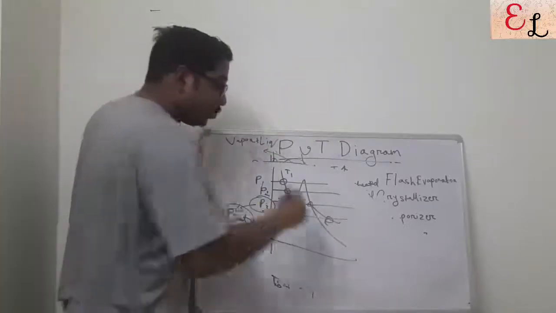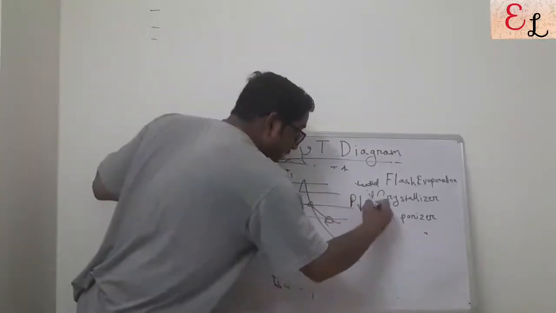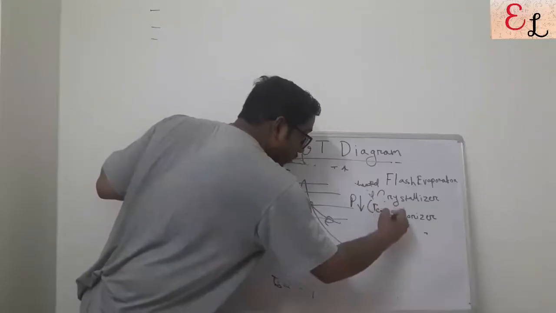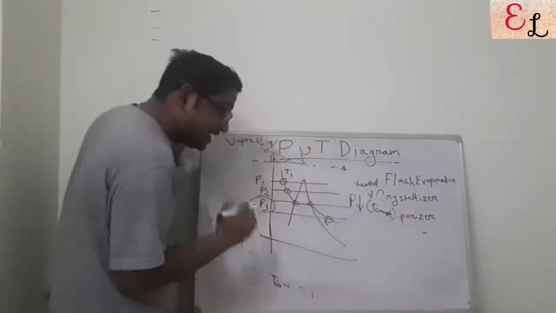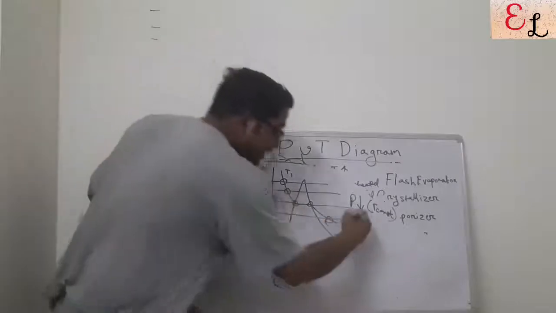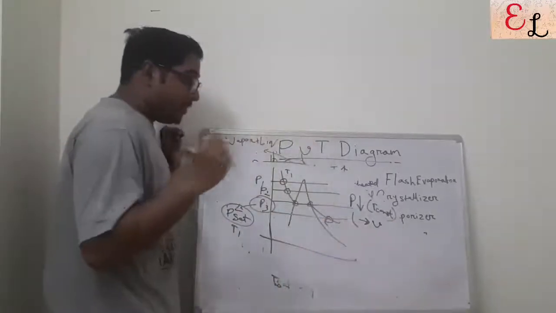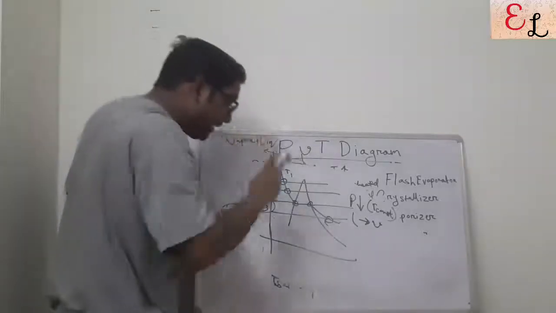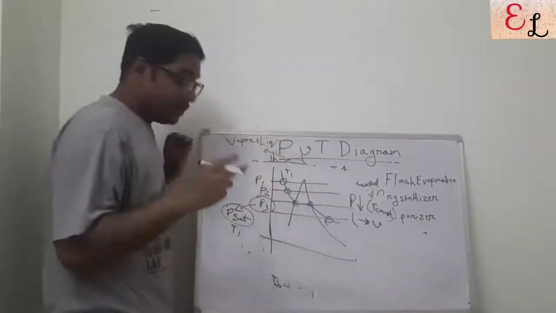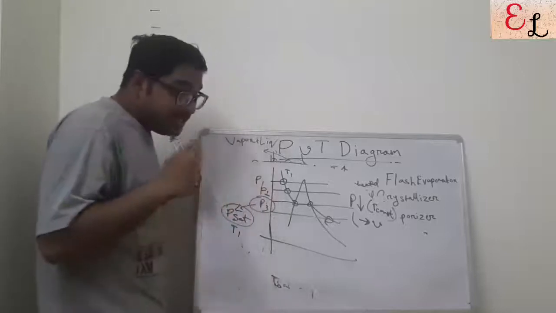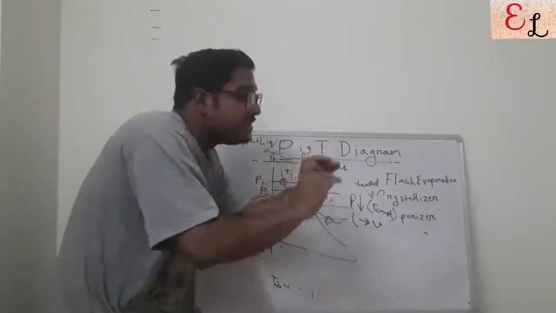So as we keep on decreasing the pressure at a constant temperature, the tendency of liquid to vapor formation increases. At a particular lower pressure, as you lower the pressure, easy evaporation takes place.